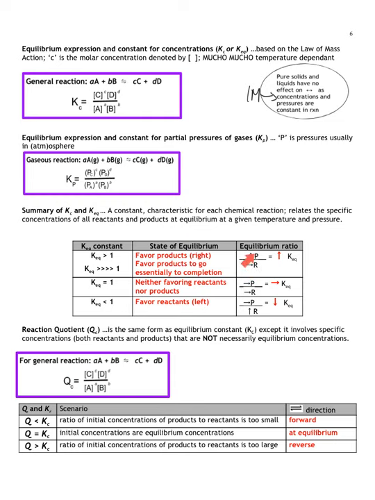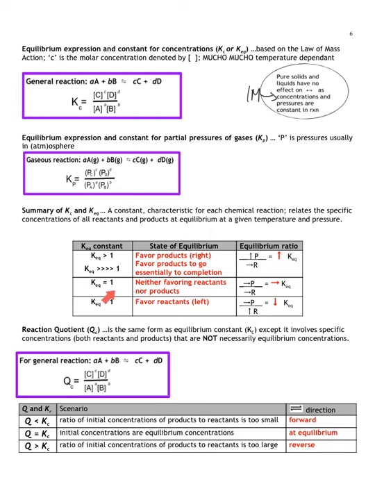Now, if the Keq is very much bigger than 1, the reaction is essentially going to completion. That means the reactants are nearing 0, and there are a lot of products, leading to a very high Keq value.